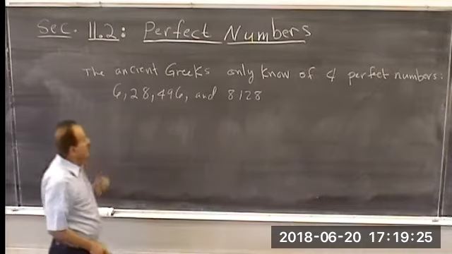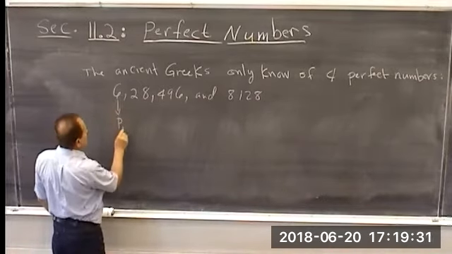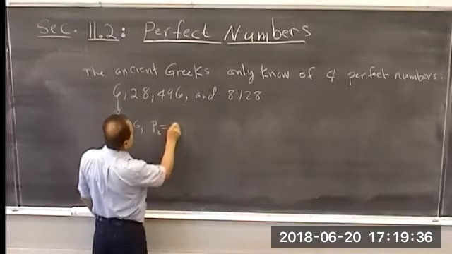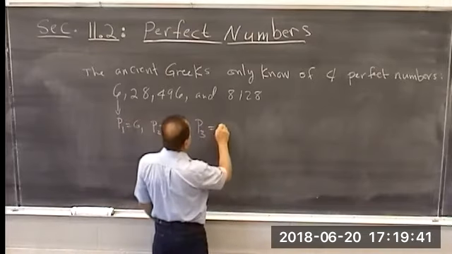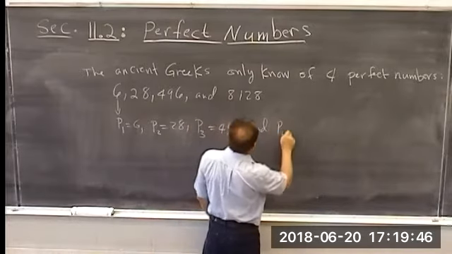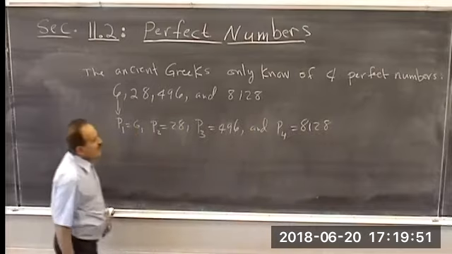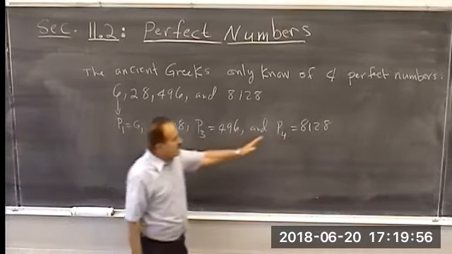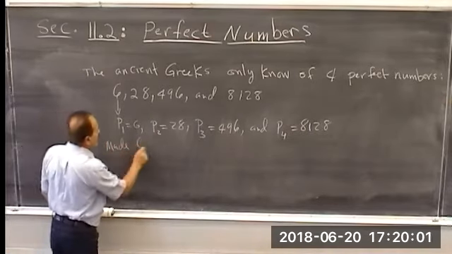Now, if I denote these by P1, the first perfect number, 28 the second perfect number, 496 the third, and the 4th, then the ancient Greeks made some conjectures by only considering these.